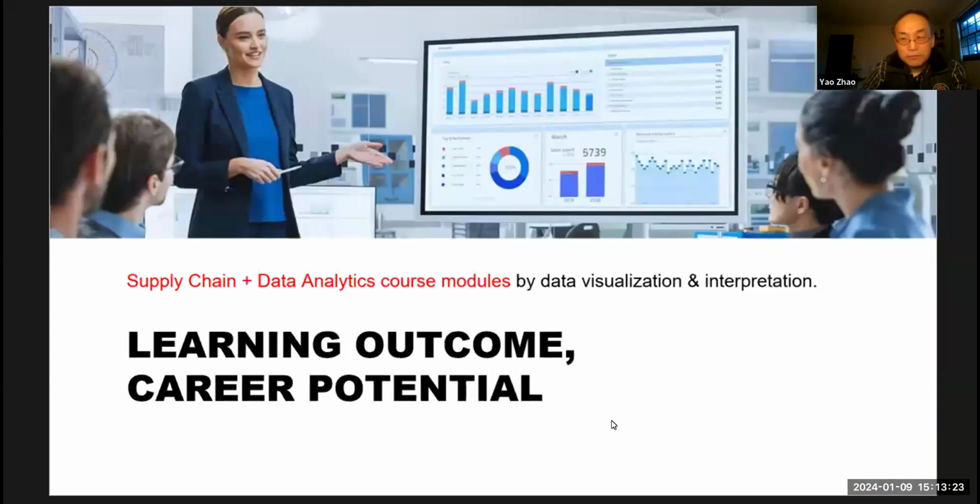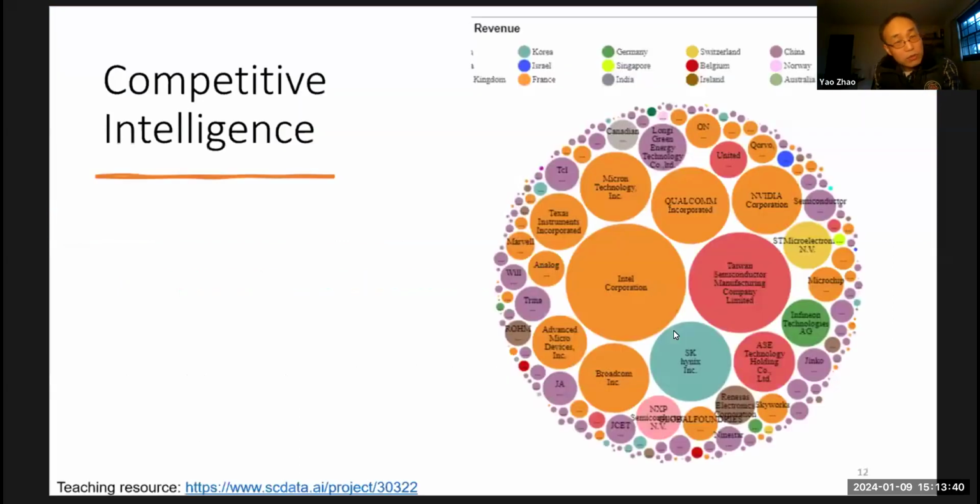Now, I want to share a few supply chain analytics courses or course modules based on data visualization and interpretation, focused on learning outcomes and career potentials. The first course module I want to share is called competitive intelligence.